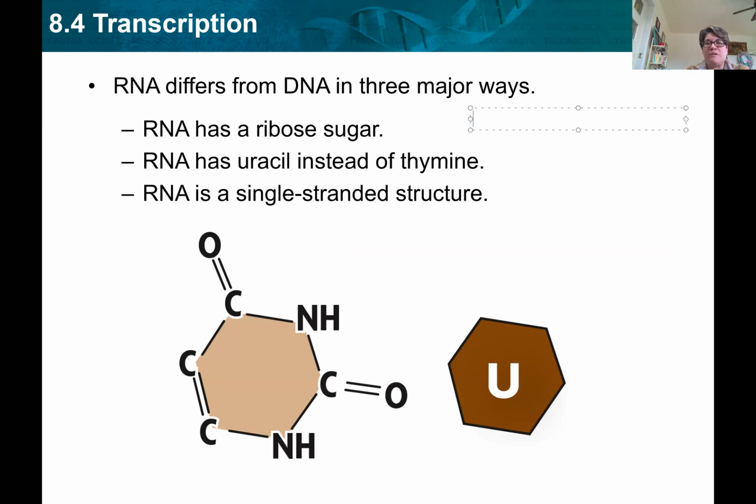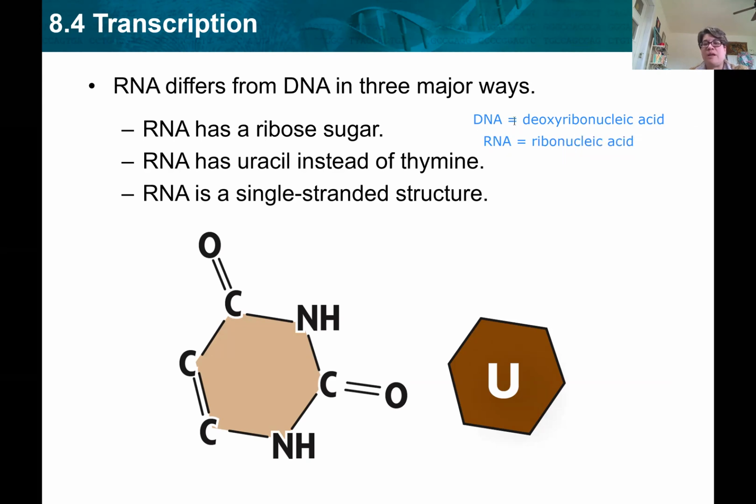DNA equals deoxyribonucleic acid. It is a mouthful. There's DNA. And then RNA is just ribonucleic acid. There's RNA. So it's just missing that deoxy. That actually just means that DNA is missing an oxygen and RNA has the oxygen. It just has a longer name.